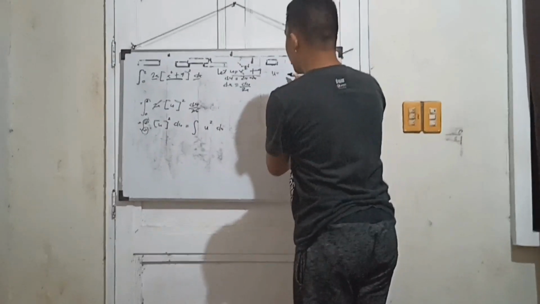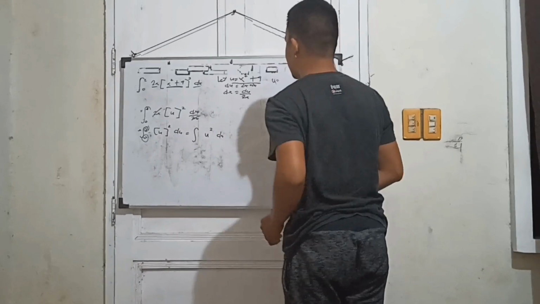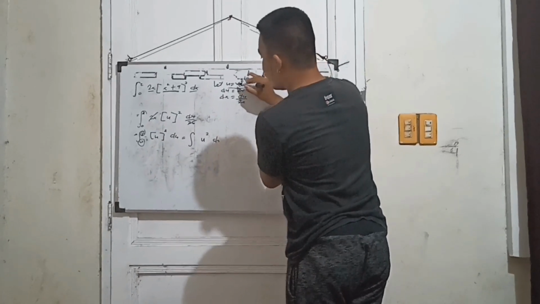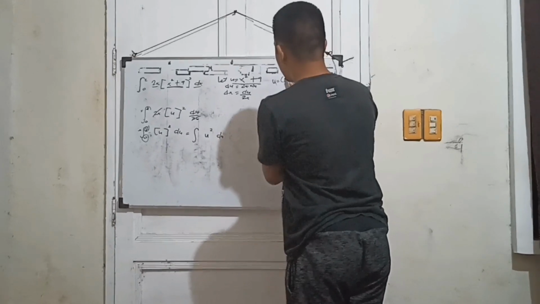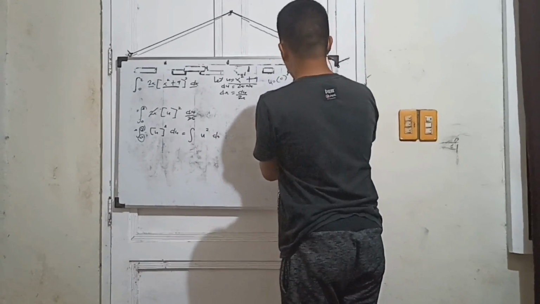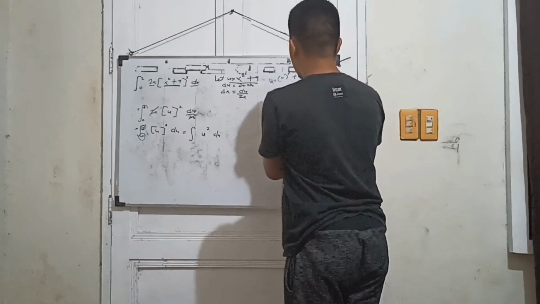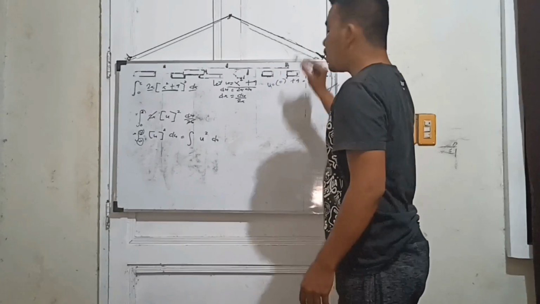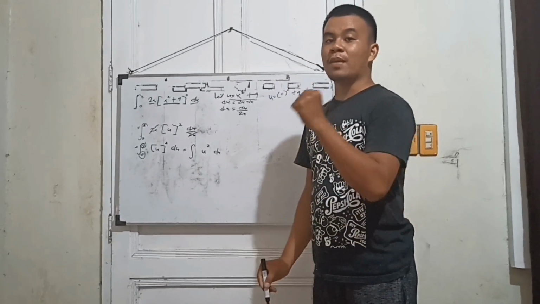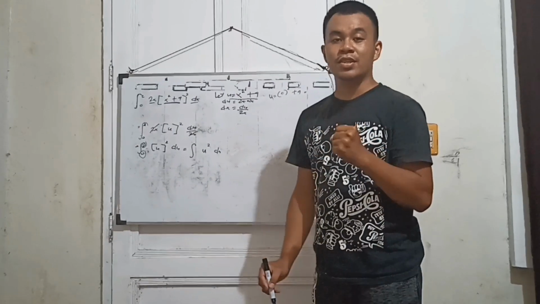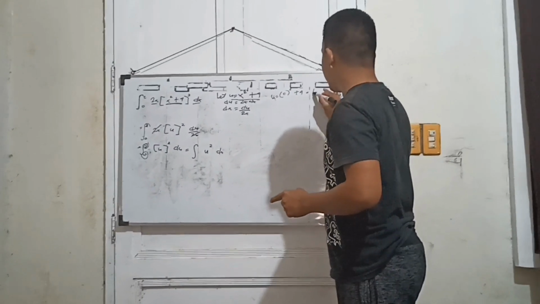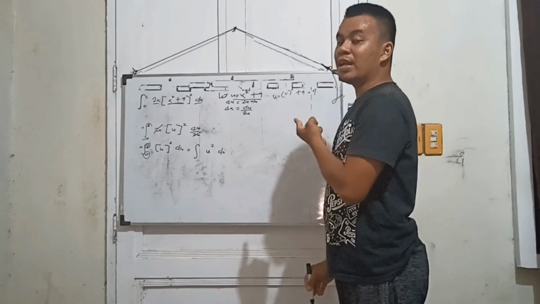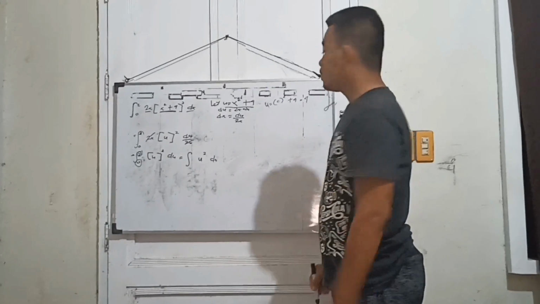So we will use the 0 first since it's our lower limit. We substitute x with 0: 0 squared plus 4, 0 raised to 2 is 0 times 0. Any number multiplied by 0 is equal to 0. So 0 plus 4 is equal to 4. That will be our new lower limit.